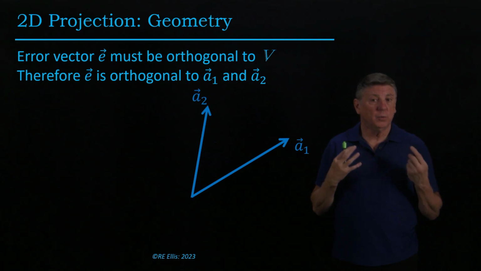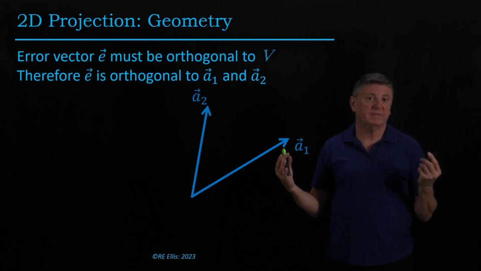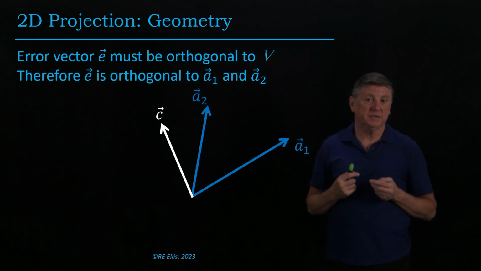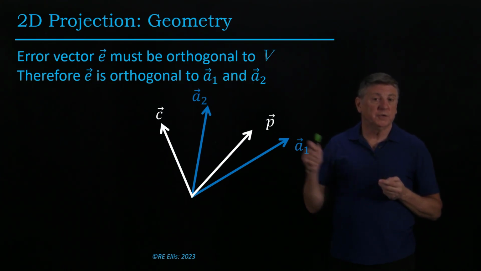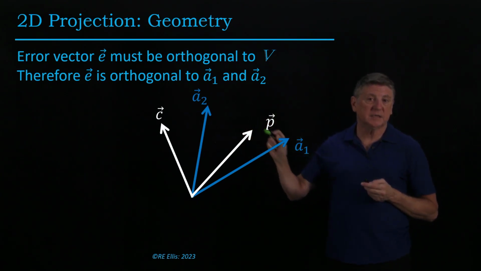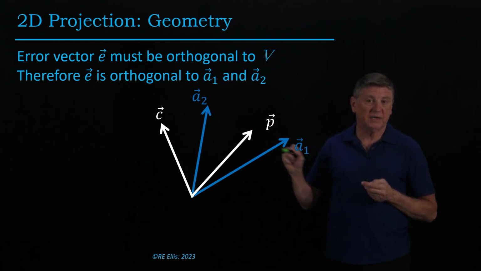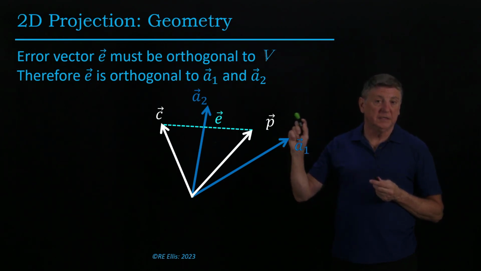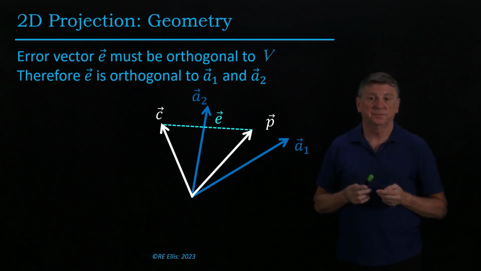And now we can imagine this. Suppose we have our vectors A1 and A2, and now we're given a new vector C. What we want to do is find this projection vector P that lies in the subspace spanned by A1 and A2. And this error vector is going to be the difference between C and P, and it's going to be orthogonal to P, to A1, and to A2.